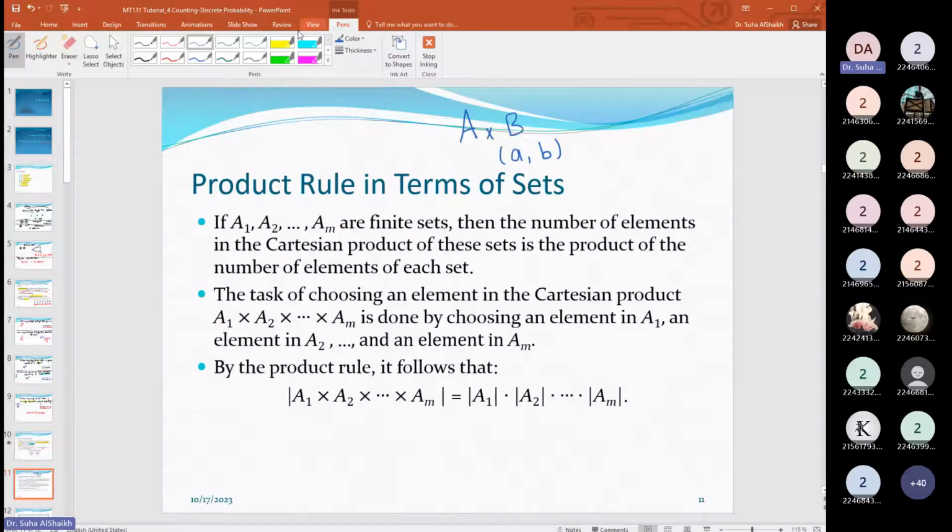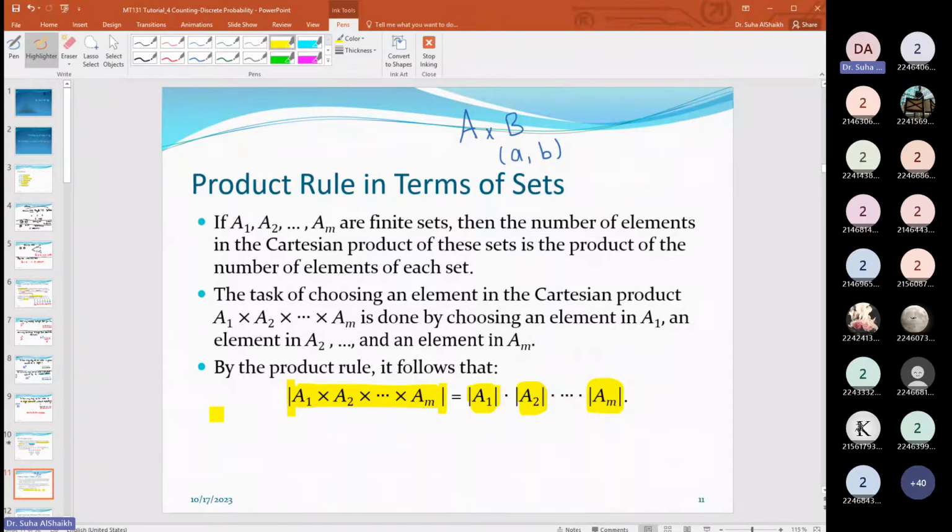So actually, the cardinality of the Cartesian product of A1, A2, up to Am means the cardinality of A1, because I'm taking elements from A1, elements from A2, and elements from Am. So the product rule is explaining what we had before in sets. It means the number of elements in the Cartesian product equals how many elements are in A1 multiplied by how many are in A2, up to how many are in Am.